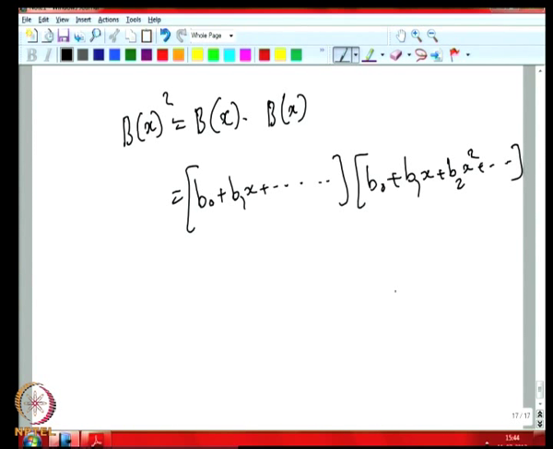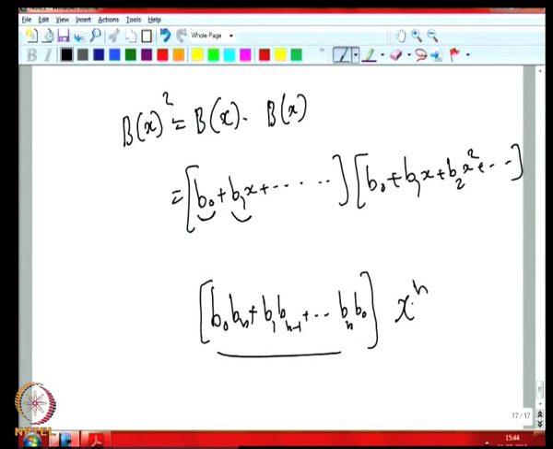Now, if you pick up the coefficient of x raised to n here, that will be contributed by b0 here, and x raised to n from the other factor, whose coefficient is bn. Then b1 into x multiplies x raised to n minus 1, whose coefficient is b(n minus 1), we get b1 into b(n minus 1) and so on, till bn x raised to n here, bn will be taken and multiplied by b0. This will be the coefficient of x raised to n.